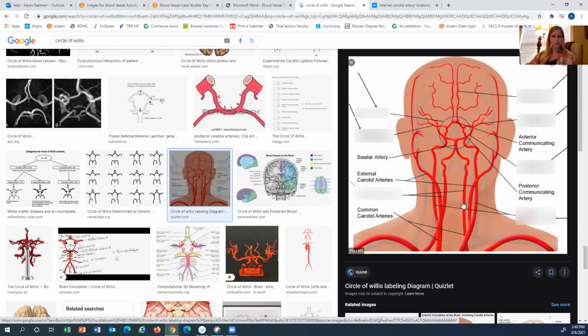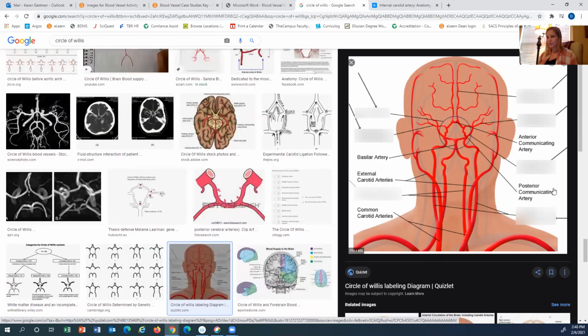But these are going to be your vertebrals coming up. And then here's a vertebral coming up to the basilar, and that's going to hit the Circle of Willis there. And then here's a carotid coming up that's going to split into an internal and an external carotid, and that's the internals. So vertebral, basilar, and then Circle of Willis, and then here come internals.